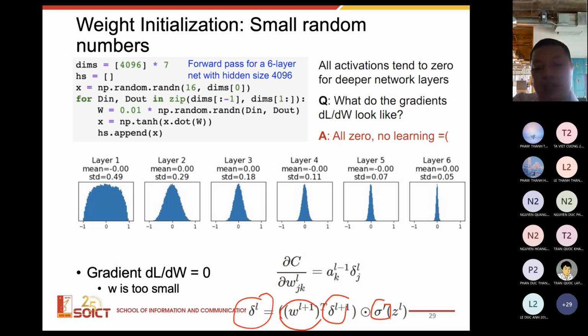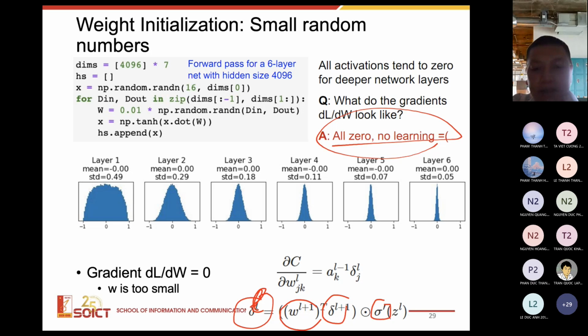In this case, for a big L, the error will become smaller, and somehow it will become 0, right? And in that case, you have no learning because the variance becomes 0.